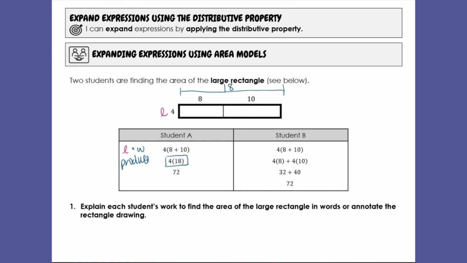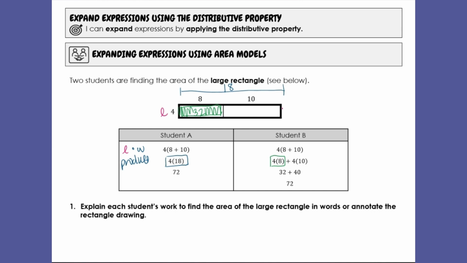Now, student B also was thinking in terms of length times width. However, if you look closely, they didn't add 8 plus 10. What they actually did was find the area of this first rectangle to be 4 times 8, which is 32. Then they found the area of the second rectangle.